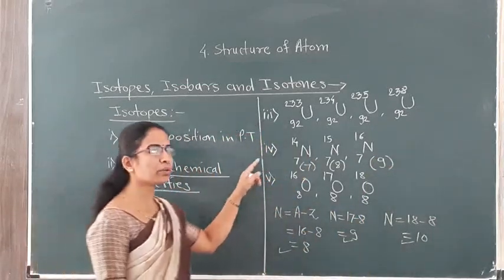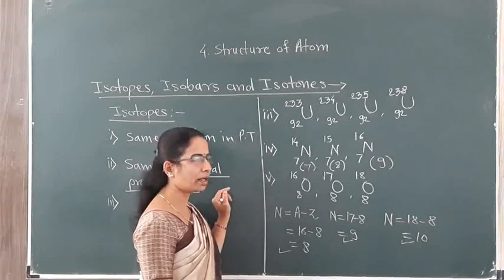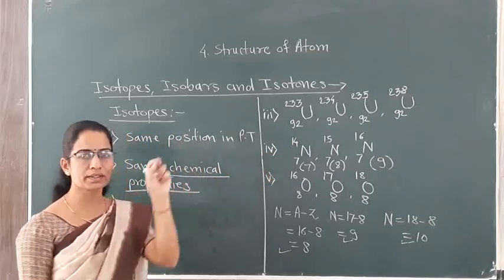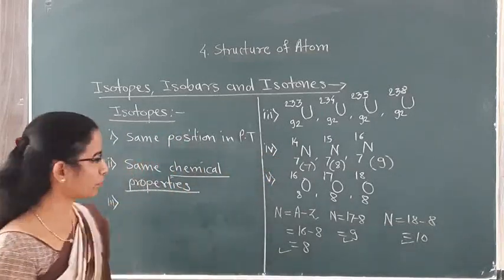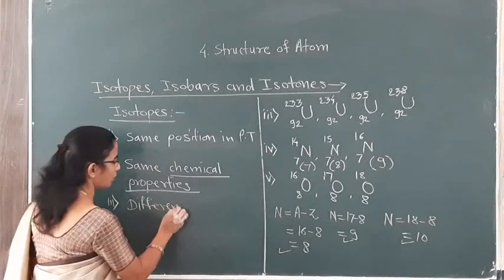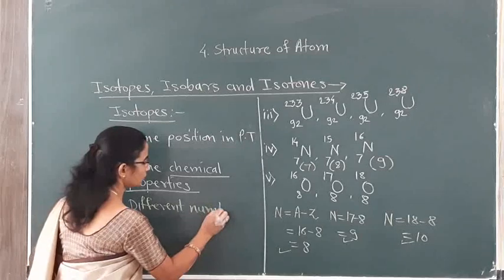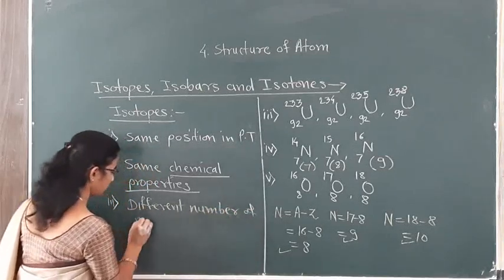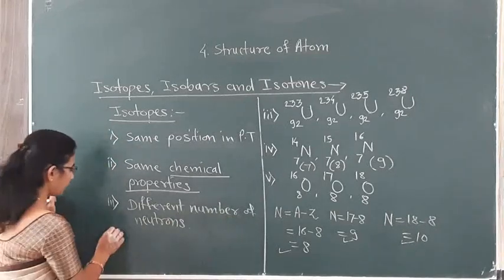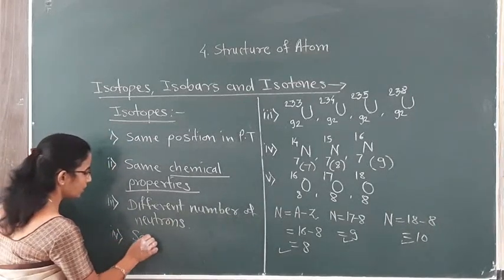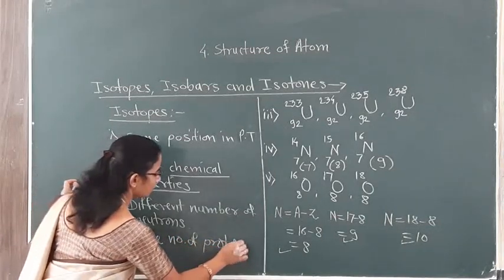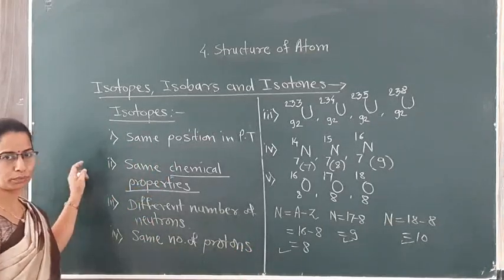That is, every isotope of that element possesses a different number of neutrons, but they have the same number of protons and the same number of electrons. So they possess different numbers of neutrons, but the same number of protons. These are the characteristics of isotopes.